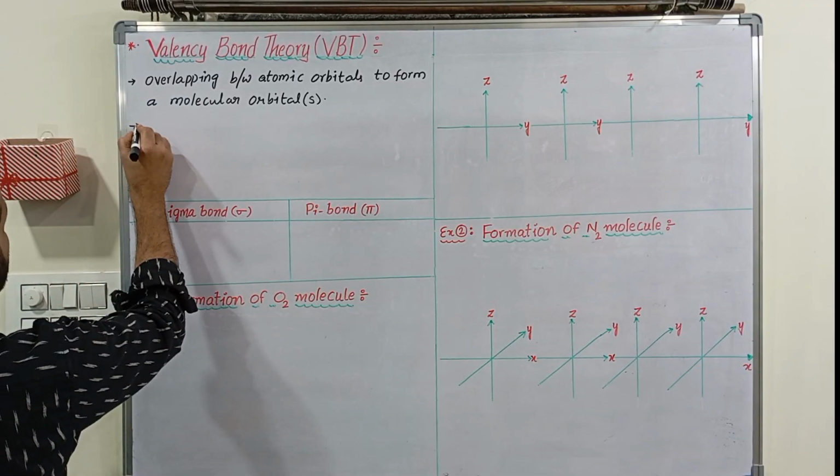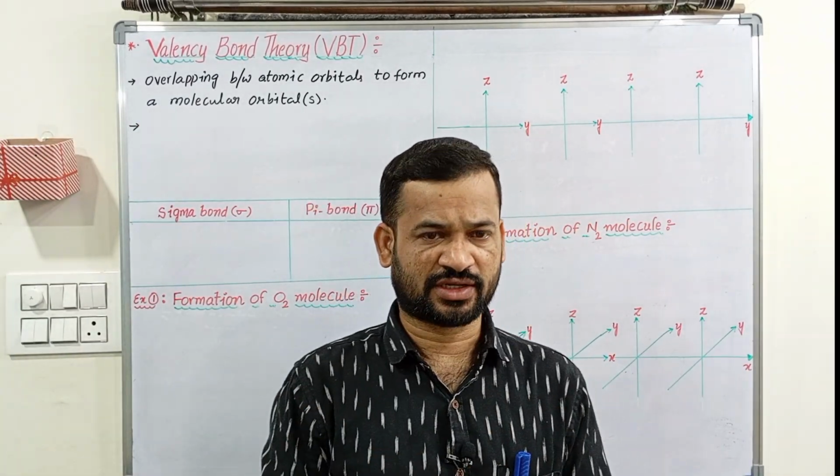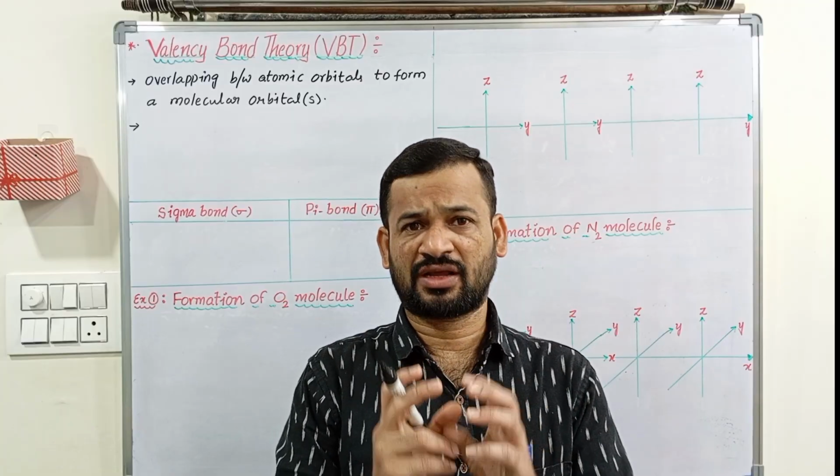Whenever atomic orbitals overlap each other, here we will get a molecular orbital.